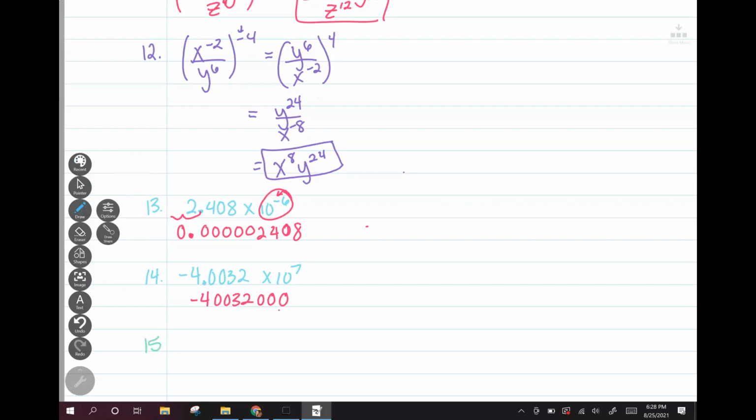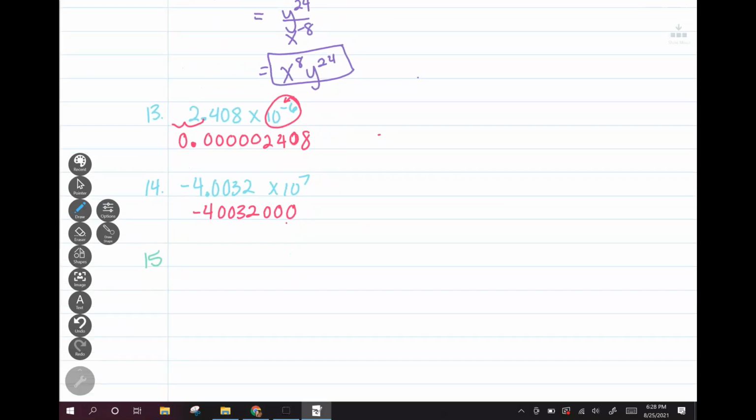All right. 15 and 16. We're going the other direction. Got 290,000. And I want to write that in scientific notation. Your decimal needs to go after the first non-zero digit. So that's right here.